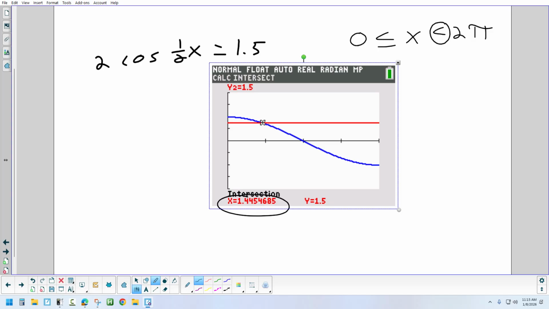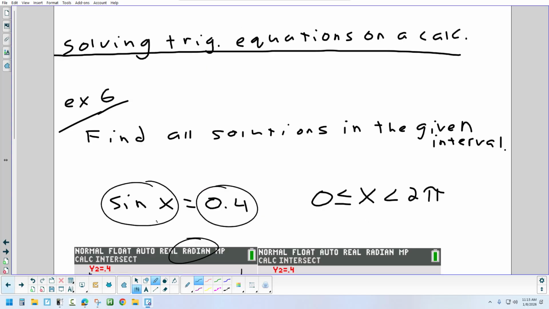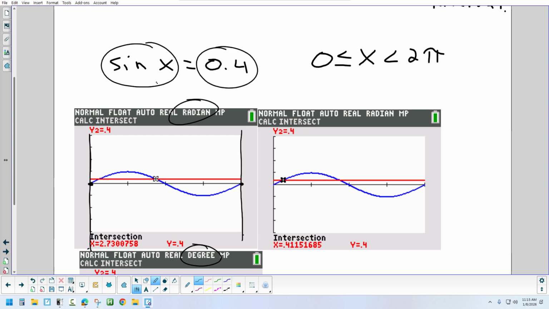X equals 1.45. Yep. You don't have to write it as a coordinate because I already know what the y value is. That's the y value, 1.5, because that's where the red line was. Same thing here. The y value was 0.4. I just need the x value.